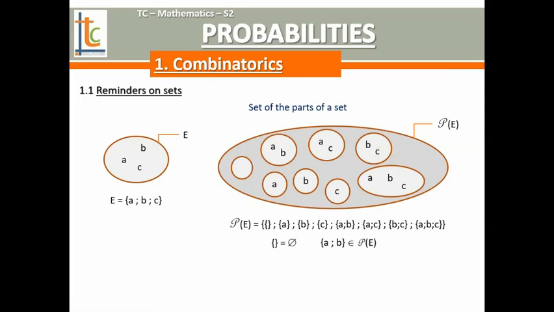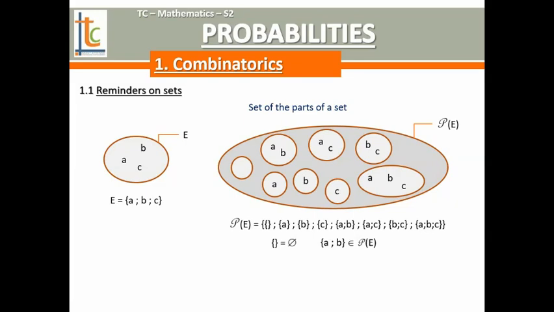AB, AC, BC is not taking long to write, but if E contains 10 elements, and if I want to count the number of sets that contain 3 elements from E, ABC, ABD, ABE, and so on, I don't have to write them all. I have a formula to calculate this number. So that is combinatorics.